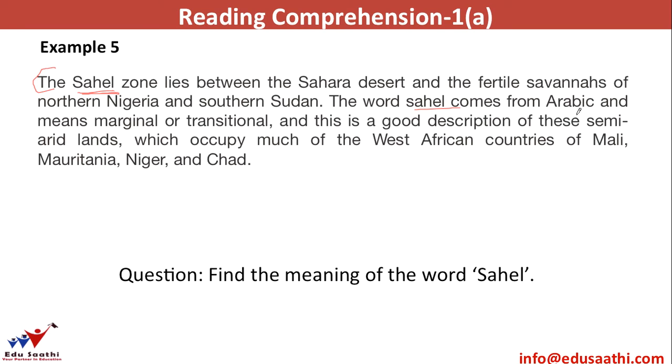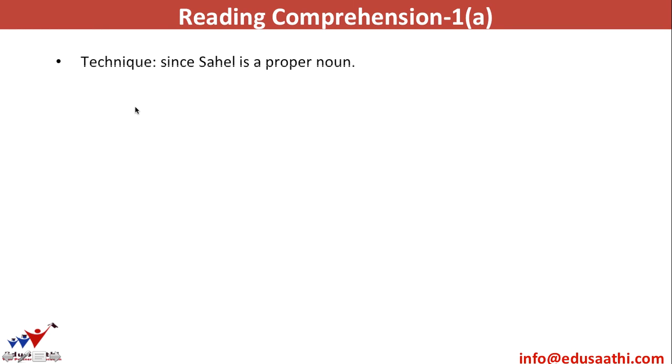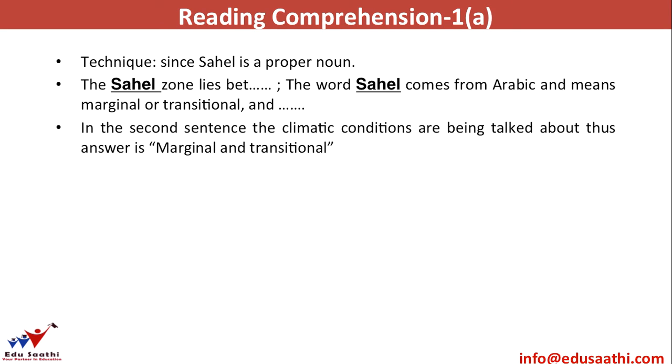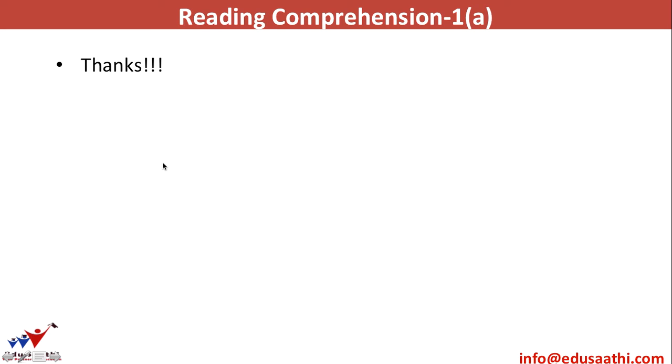The word Sahel comes from Arabic, and they are somewhat related: marginal or transitional. So my answer should be marginal or transitional. Let's check. Yes, it starts with a capital S because it's a proper noun, and it comes from Arabic, which means marginal, transitional. So my answer would be marginal or transitional.